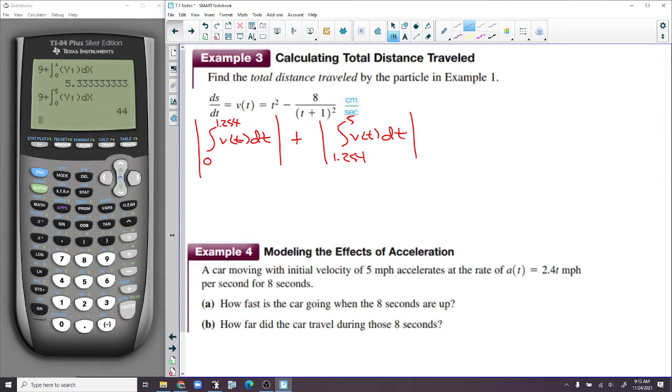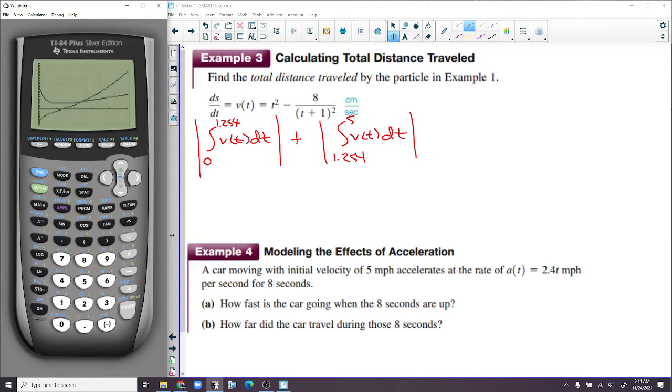Because if you look at the beginning of the velocity, we'd have negative area to begin with. I'd have a negative value for that. And then after, I'd have a positive value. But we want everything to be positive.